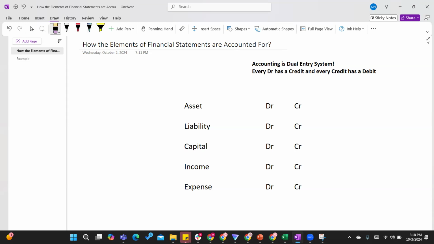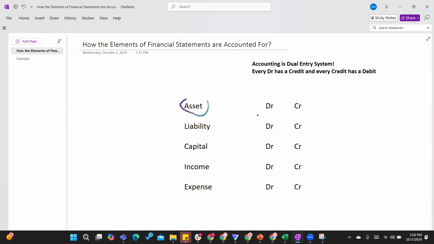So if we talk about the asset, whenever the asset is going to increase, we are going to debit the asset and credit it when it decreases. So for instance, I'm buying an equipment, a laptop, the sofa, the chair, the TV, all of those things that the business needs in the office.